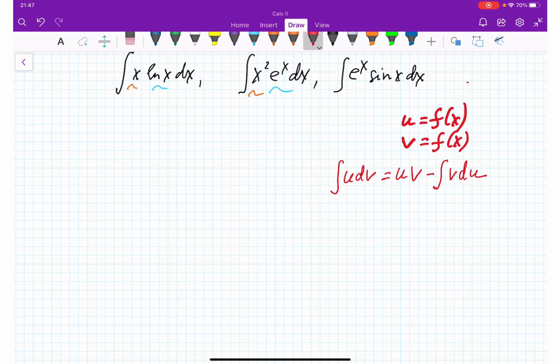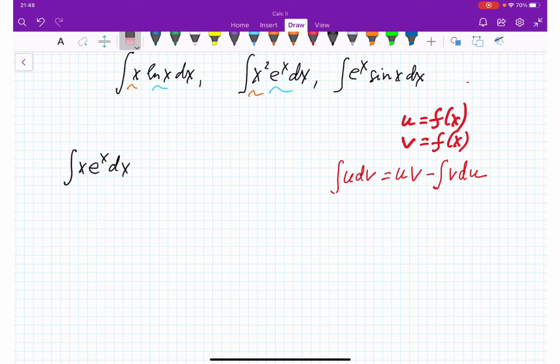Let's take the first example, integral x e to the power x dx. So our goal is we need to represent our integral in the form of u dv. There are several ways to do that.